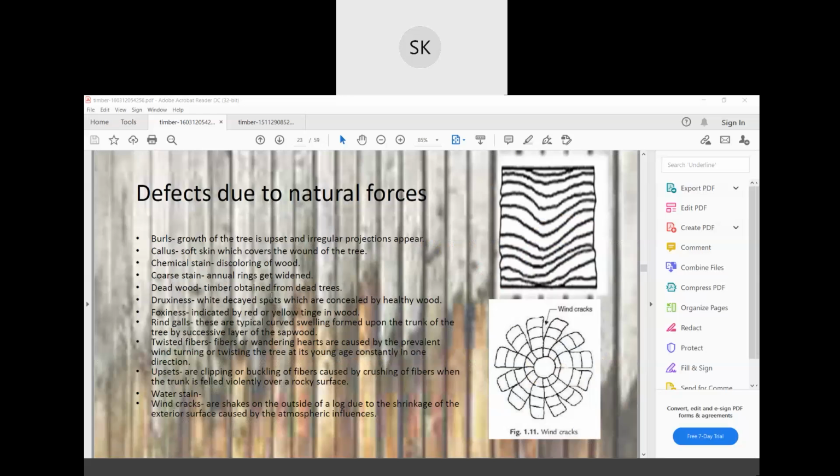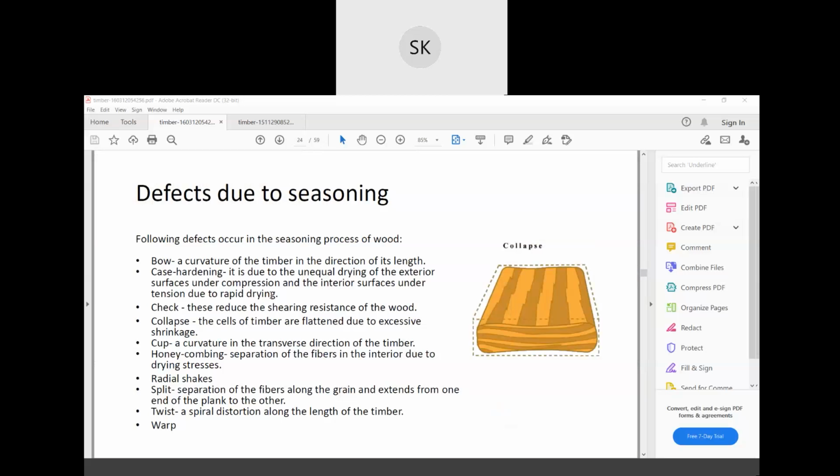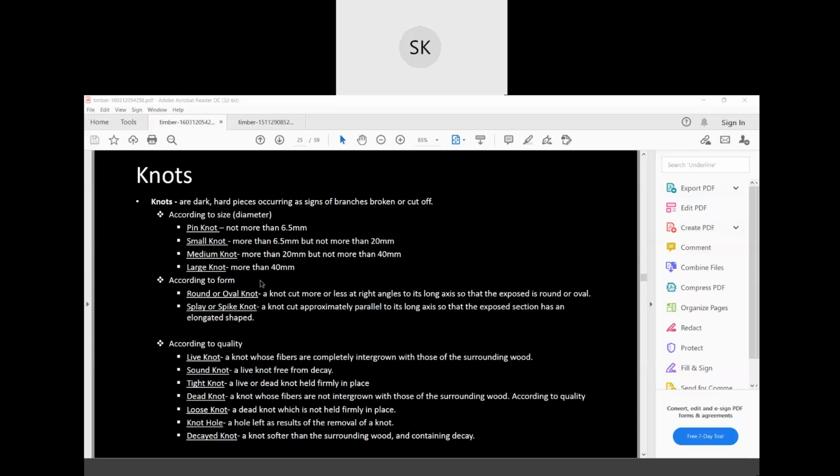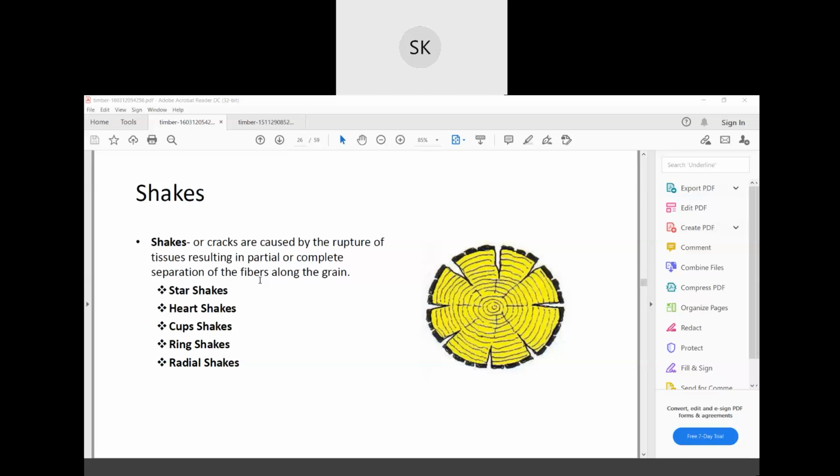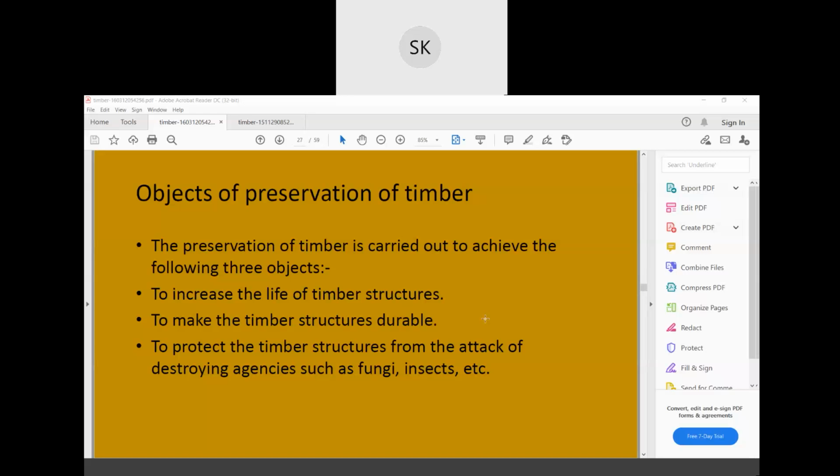Just study it once. Now defects due to seasoning are collapse, radial shakes, splits, warp, checks, as discussed in the last PDF, knots, shakes. This is a star shake, making a star-like structure. This is a star shake.